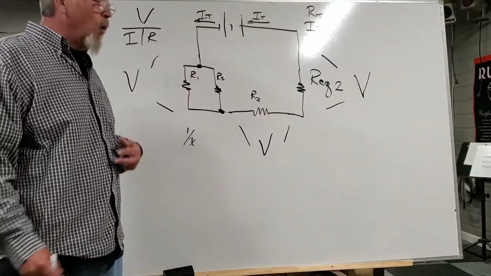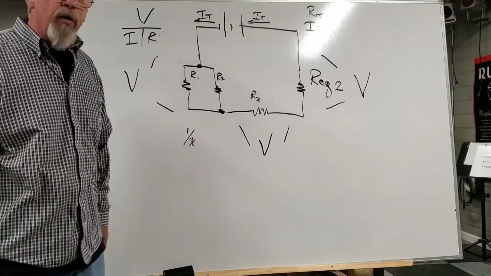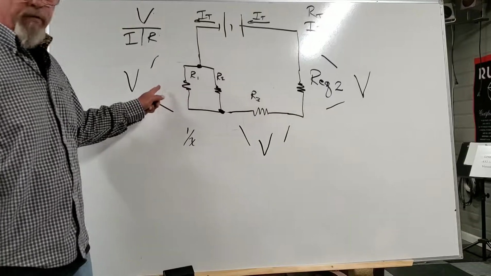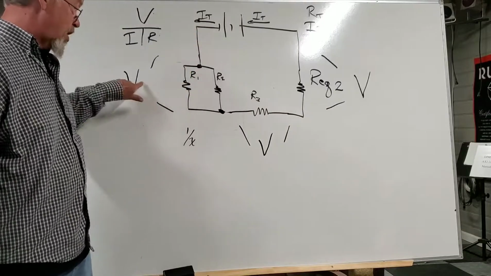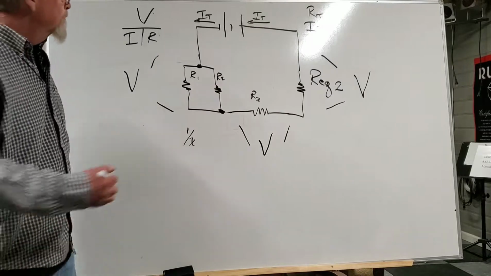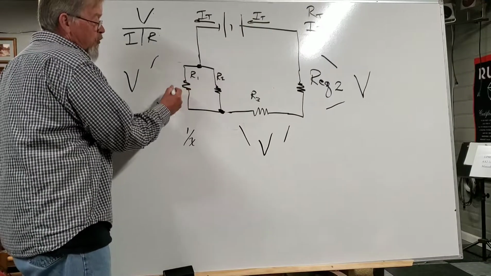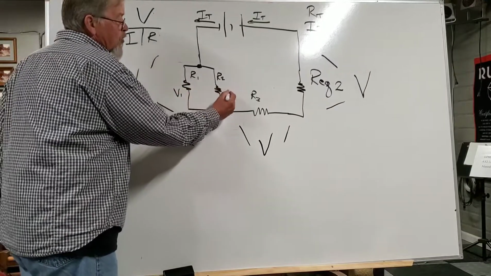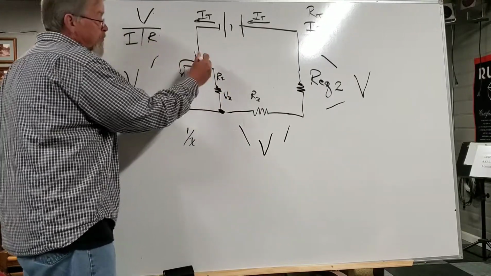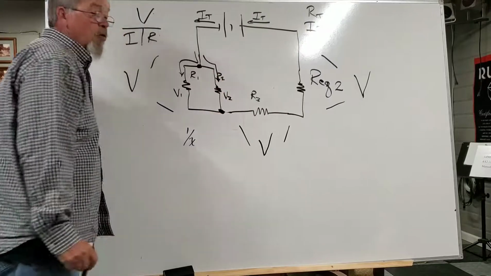R1 and R2 are my equivalent resistance. So if I know the voltage across the equivalent, and look, I multiplied the current times the equivalent resistance, I got the voltage for 1 and 2. Now that I know the voltage for 1 and the voltage for 2, I can turn around, using Ohm's law, and find the currents through 1 and 2.